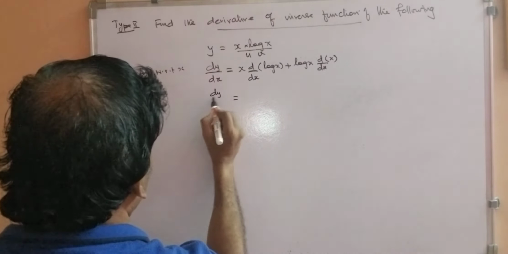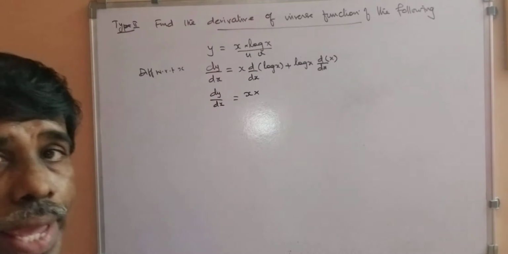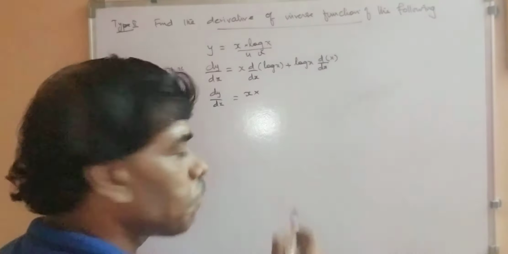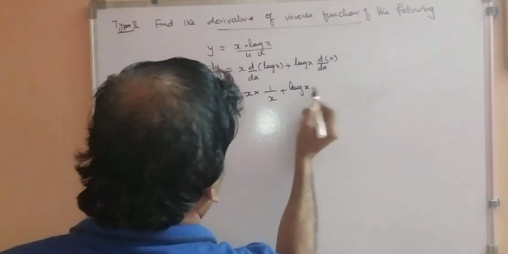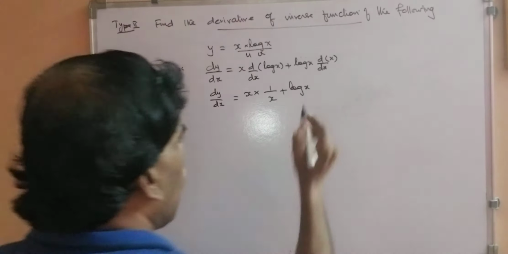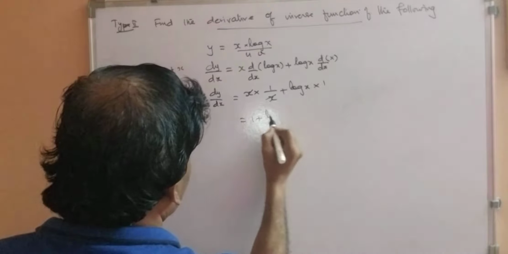So dy by dx equal to x into, what is the derivative of log x? 1 upon x. Plus log x, what is the derivative of x with respect to x? 1. So 1 plus log x.